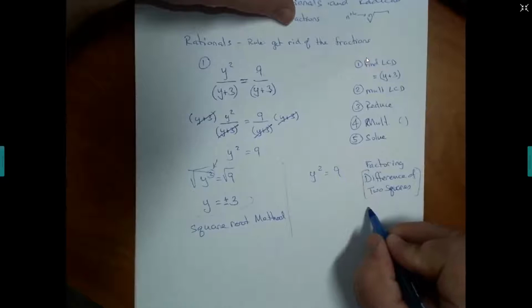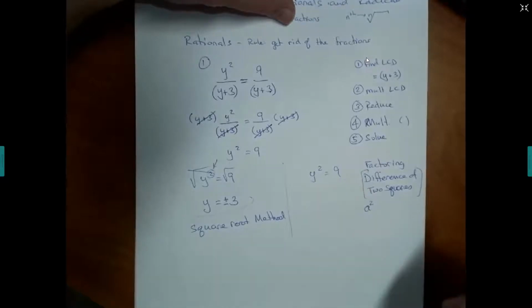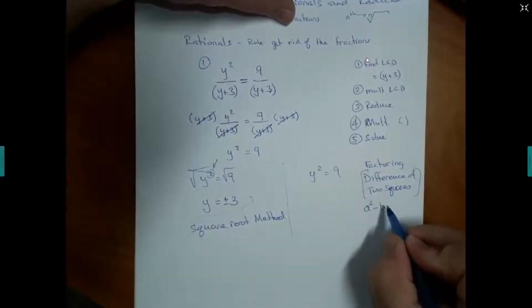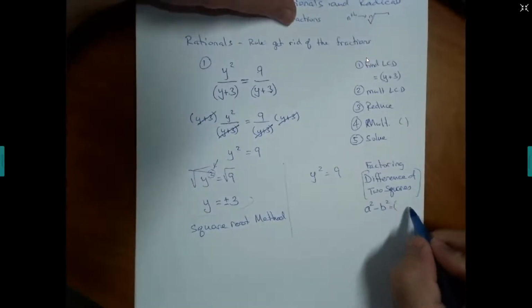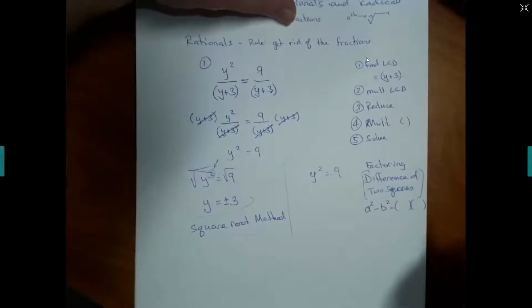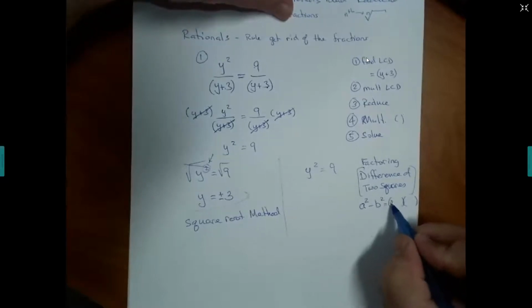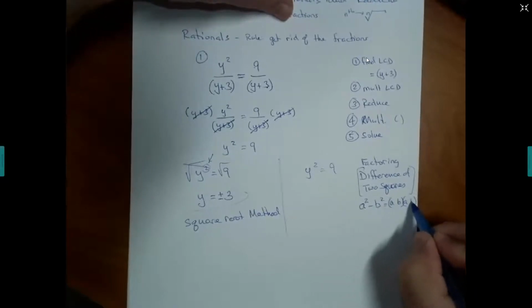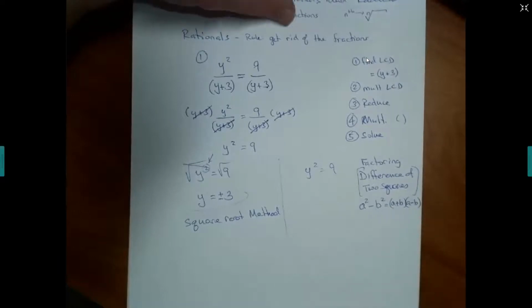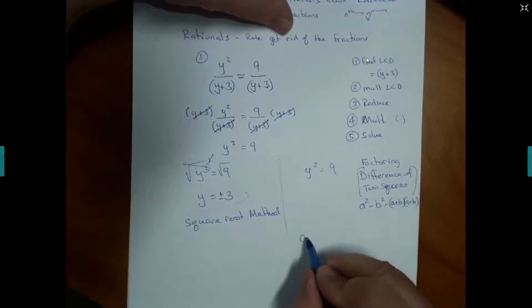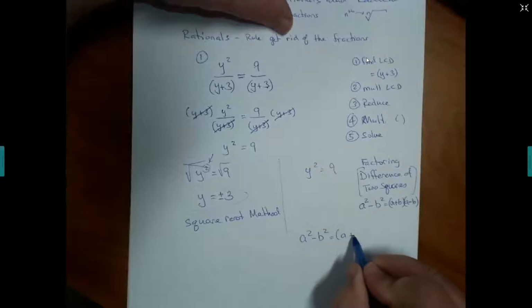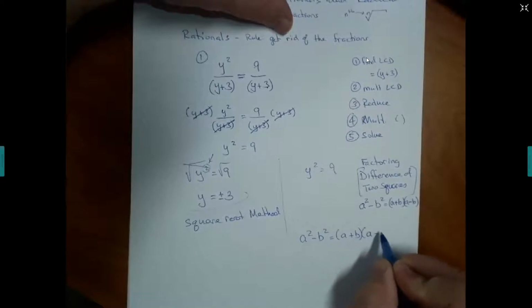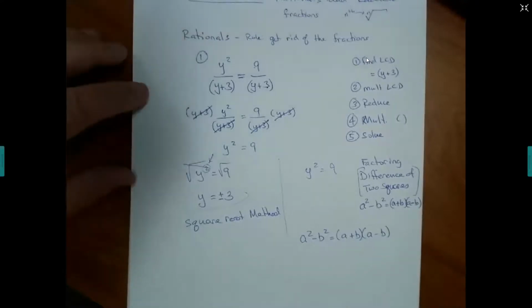What that one says is if I have two numbers that are both squared terms and I'm subtracting them, I can factor it having the same numbers, A and B. One's positive, one's negative. So A squared minus B squared equals A plus B, A minus B. That's the difference of two squares.